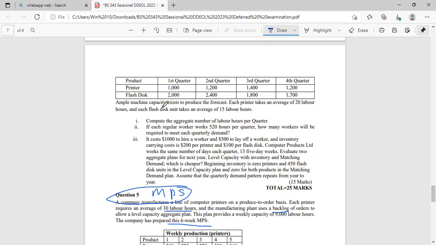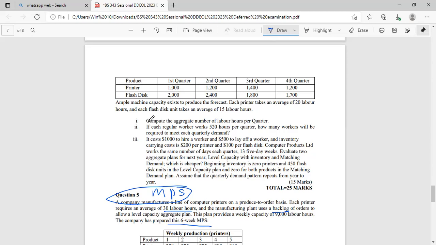For the flash, we have 2,000 in quarter one, 2,400 in quarter two, 1,800 in quarter three, and 1,700 in quarter four. Ample machine capacity exists to produce the forecast. Each printer takes 20 hours to be produced, and the flash takes 15 hours to be produced. So this is what we have.